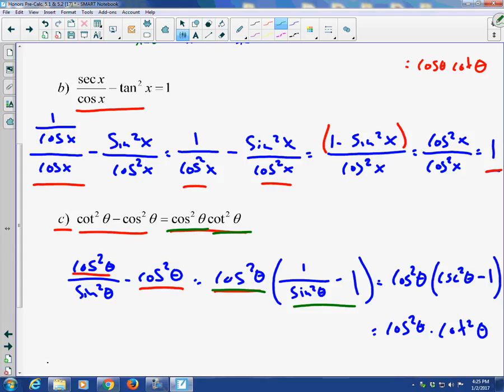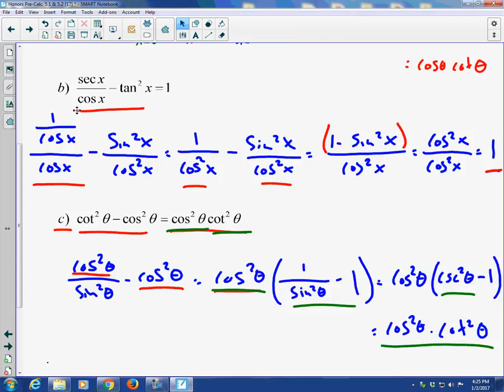What's left is 1 over sine squared theta minus 1. 1 over sine squared theta is cosecant squared theta, and then minus 1 we can again substitute with the Pythagorean identity to get cotan squared theta, and there's our target expression.